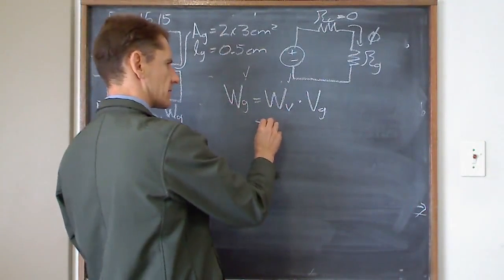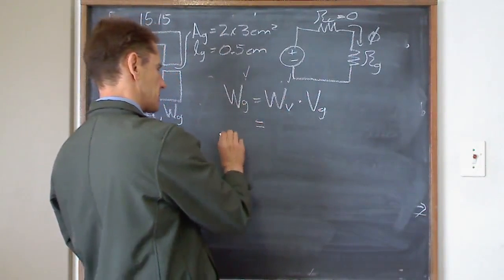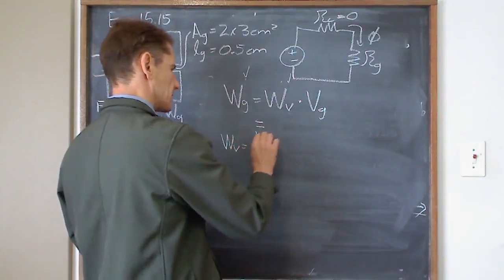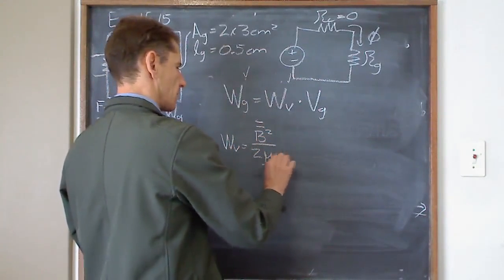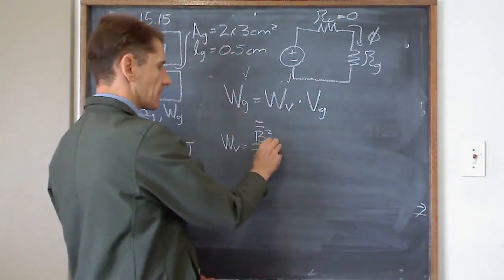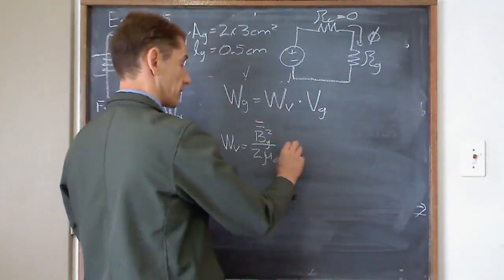So let's just leave some space here for that calculation. Let's get the volumetric energy. That is B squared over 2 mu 0. In this case, I'm using mu 0 because it's air. That's the air gap volumetric energy density.